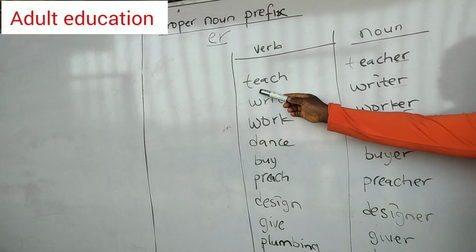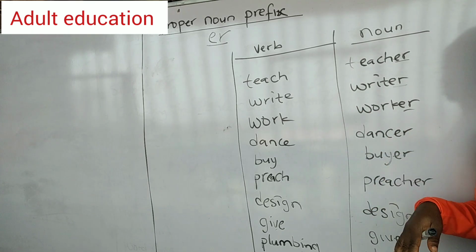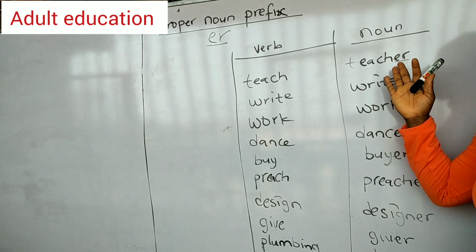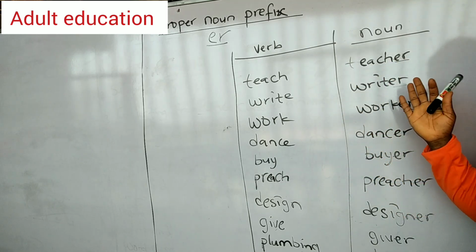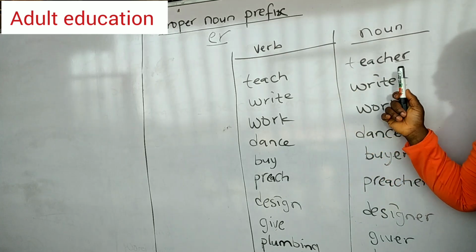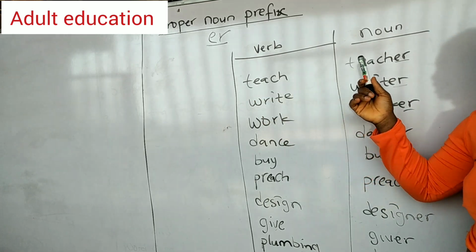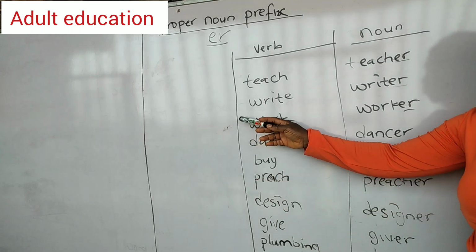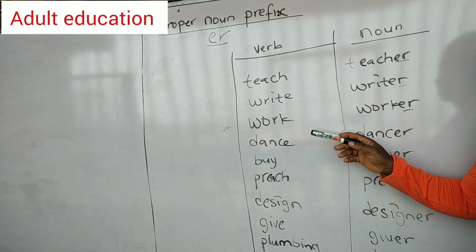I have teach. Teach is the functional part of this word. We have teacher, which is the noun itself. A teacher is the person that performs this action. A teacher teaches, okay? And number two, we have write.